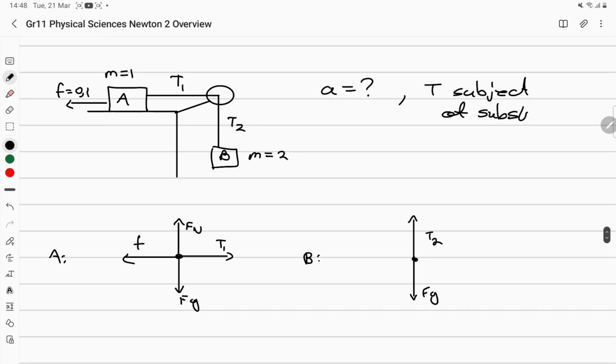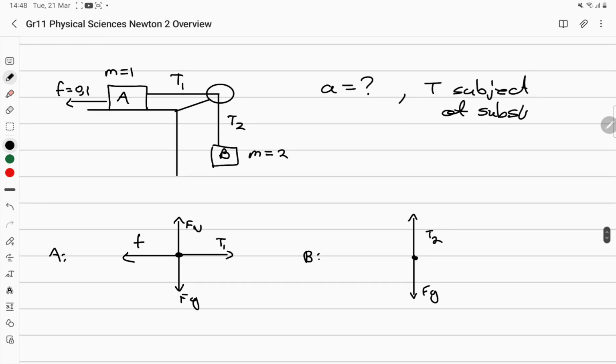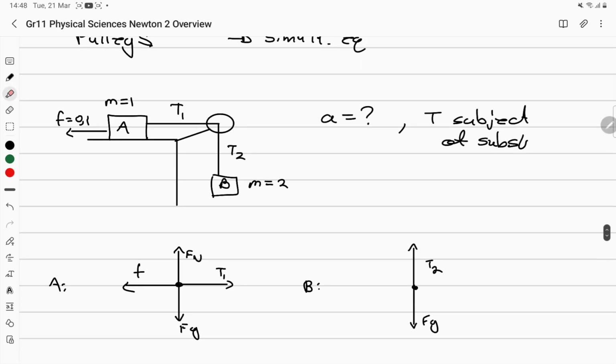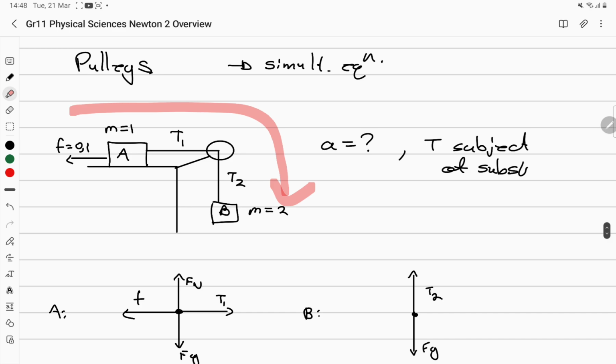Now, we always have to draw free body diagrams, but with these types of questions, the very important part is what I'm about to do now. It's your positive and negative directions. You have to choose your direction like this. So basically right is positive and down is positive.